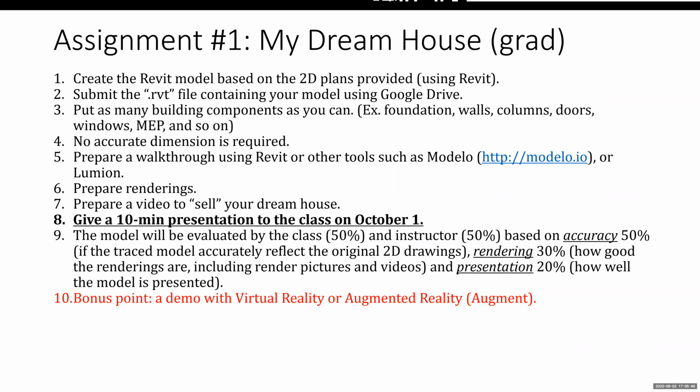They only give them the AutoCAD drawings, and the general contractors outsource or do it themselves to trace the model and remake the 3D Revit model. That's actually the skill set that is needed, so I want the master students to focus on that.